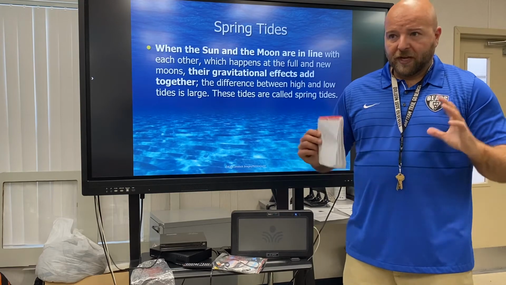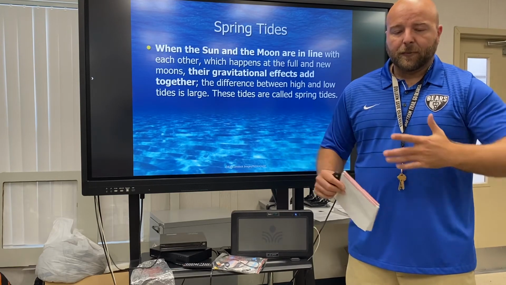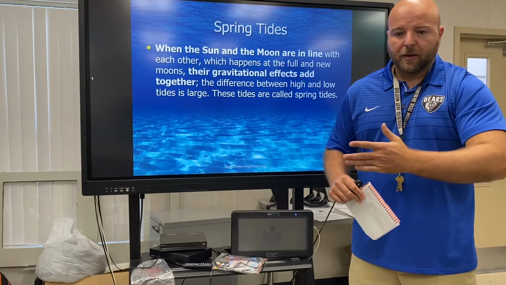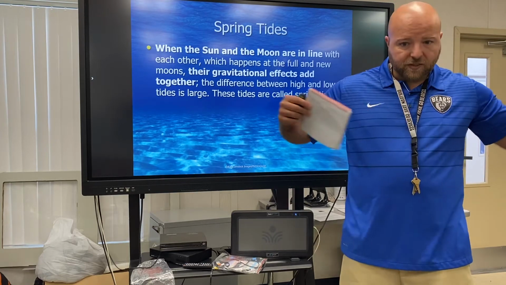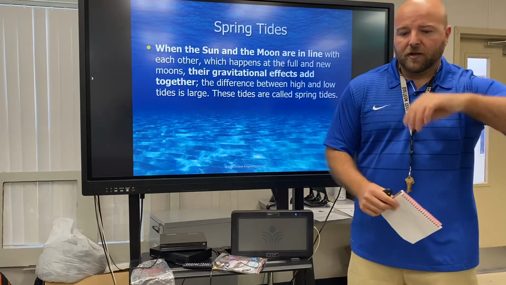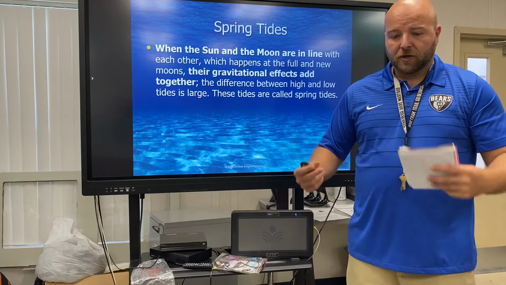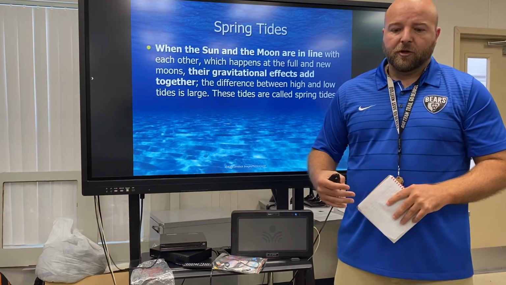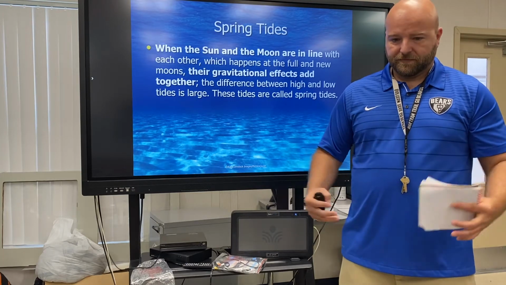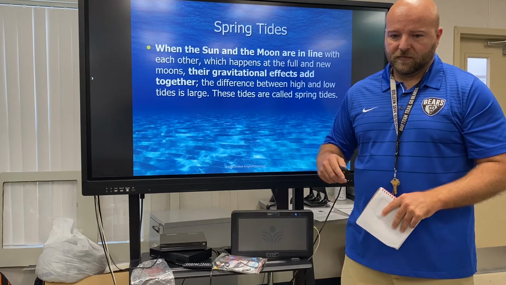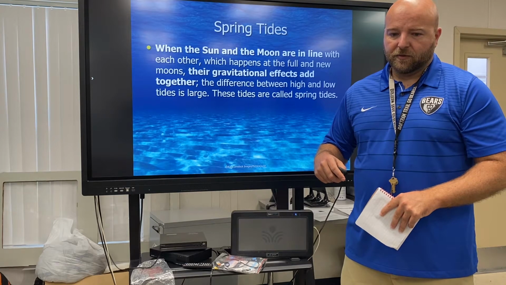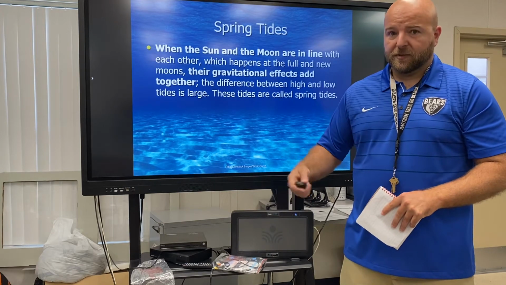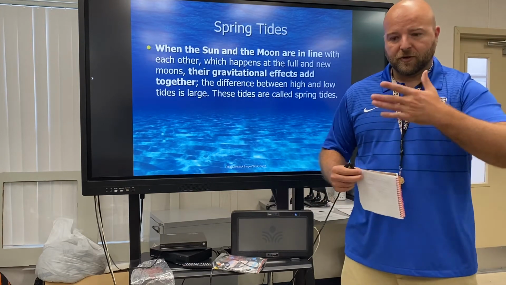There are a couple of different ways that they can align, but if all three are lined up, then that causes the greatest amount of tide. They're both pulling on the earth at the same time, so their gravitational pull is in effect together. So make sure spring tides, make sure that you've got that spring tides when all three are lined up.